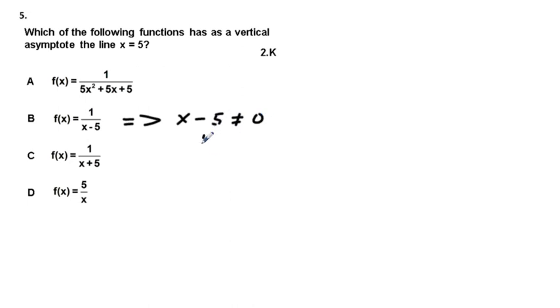If we add 5 to both sides, we have x cannot equal 5, which qualifies possibly for a vertical asymptote, or a point discontinuity perhaps. But in this case we have a vertical asymptote, at x equals 5. And if you graph this in a calculator, very easy. No one should miss a problem like 5.